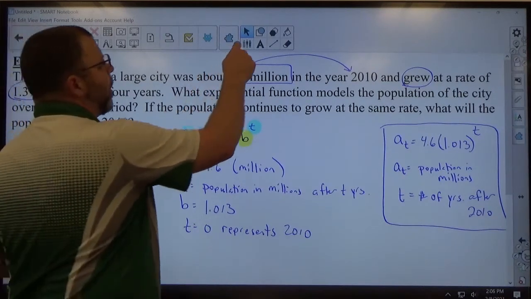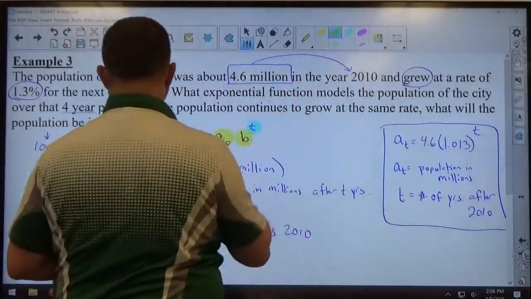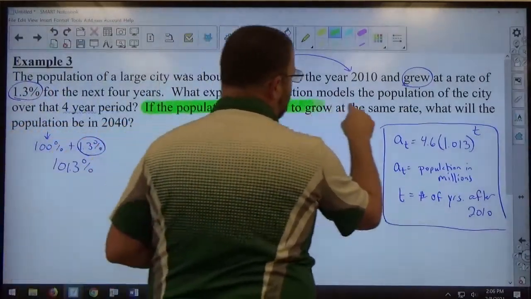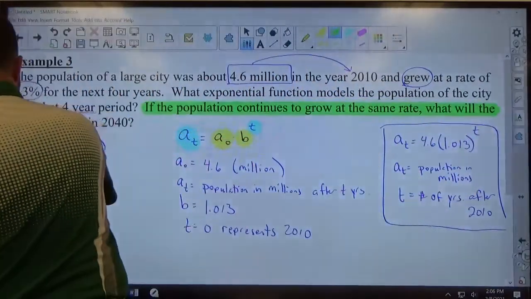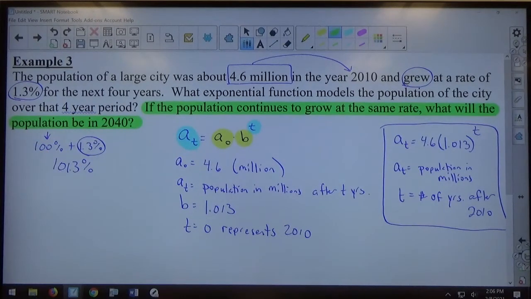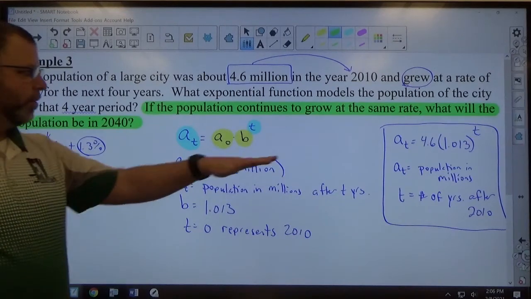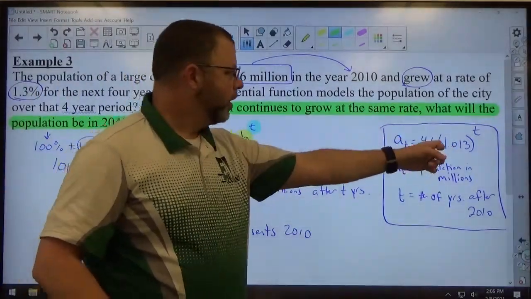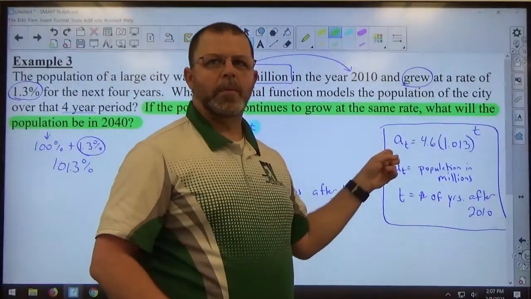The other part of this problem, if the population continues to grow at the same rate, what will the population be in 2040? How many years beyond 2010 is 2040? 30 years. So they want us to use this equation we just created, let t equal 30, and figure out what the population is going to be, right?